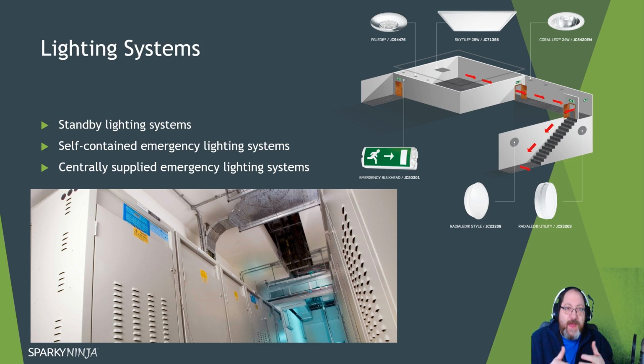That will need to be fire retardant to some degree, because it needs to actually work in a fire condition. Whilst if the luminaires were self-contained, then that's fine, because the source of energy is within the luminaire. So there are benefits of one system compared to another. But you need to remember this isn't in BS 7671, this is in BS 5266 and beyond. You need to know that when you do a design, you need to incorporate these requirements.